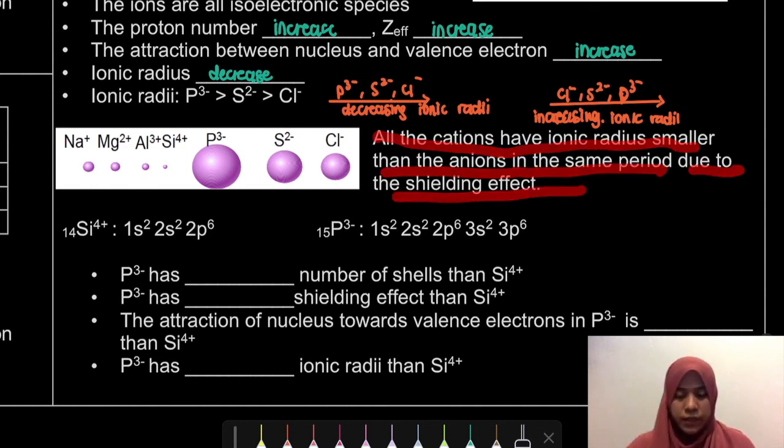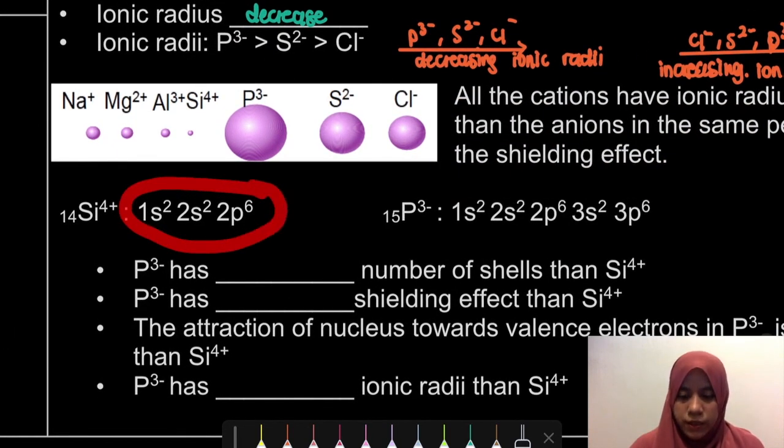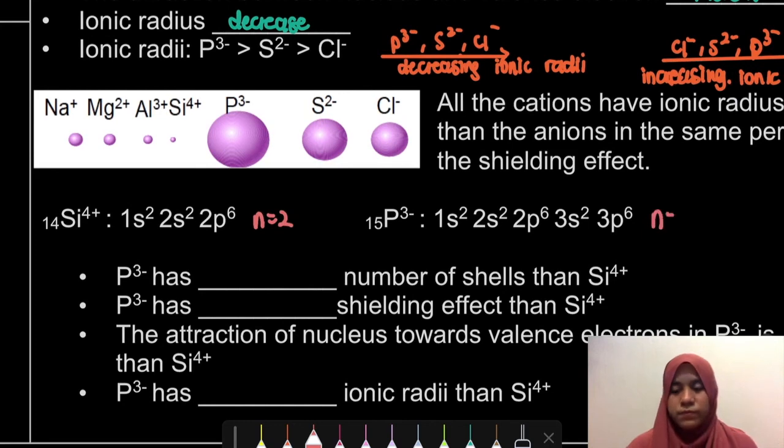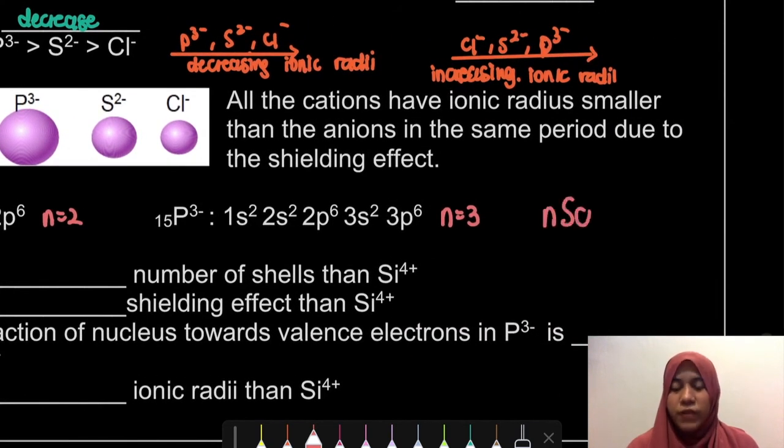Okay, because when we look here, our silicon 4+ has n equal to 2. Here, n equal to 2. But here, for our phosphorus, n equal to 3. So if the number of n is different, we're going to be discussing in terms of NSAS. N is number of shell, S is shielding effect.